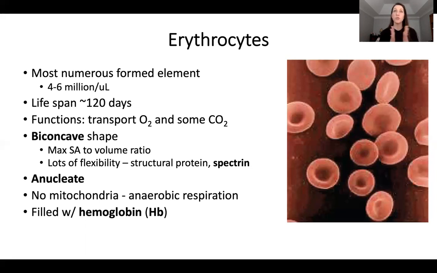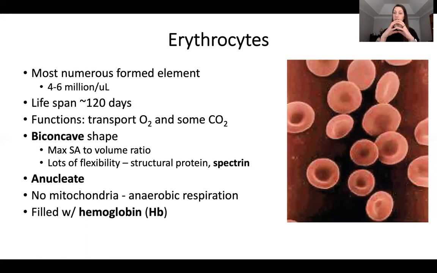And so the shorter distance that you have to travel, the more efficiently that passive transport or diffusion is going to work. So it works out really well to have a lot of surface area on the outside of the red blood cell, but a very small amount of volume on the inside. So diffusion happens efficiently that way. Now imagine that you had a spherical red blood cell.